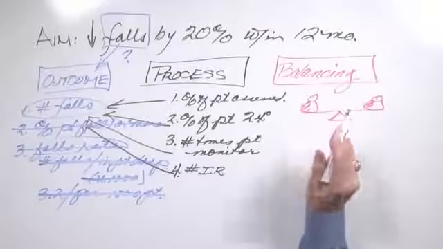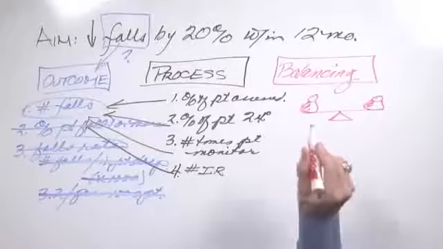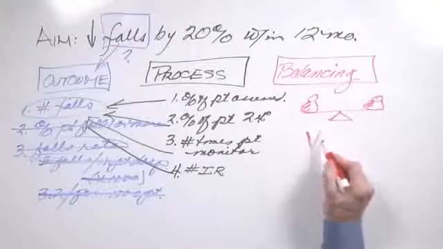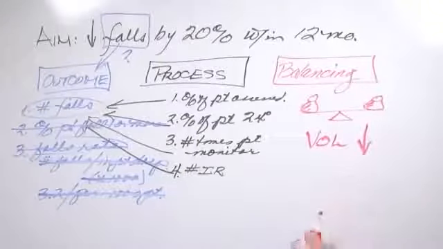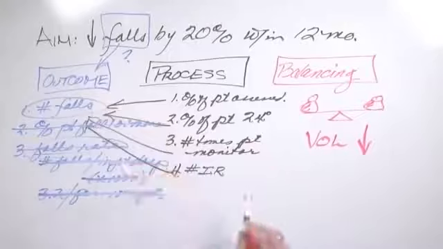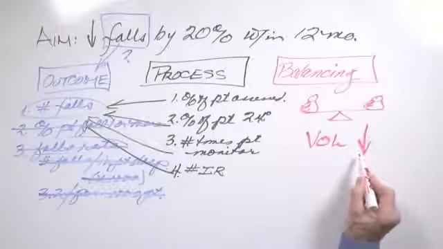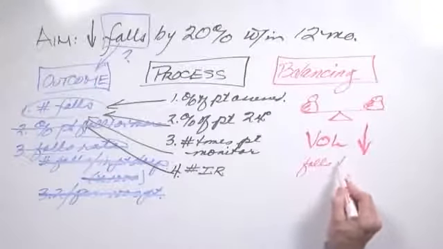Balancing measures are things that you want to make sure you understand that reflect whether or not the system is being disturbed. For example, let's imagine that volume of admissions went down. What effect would that have on the number of falls? Well, most likely, if the volume of patients coming into the system went down, you might see a drop in falls as well.